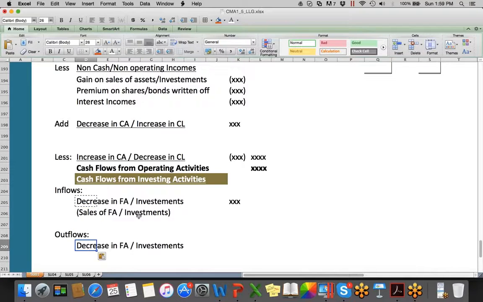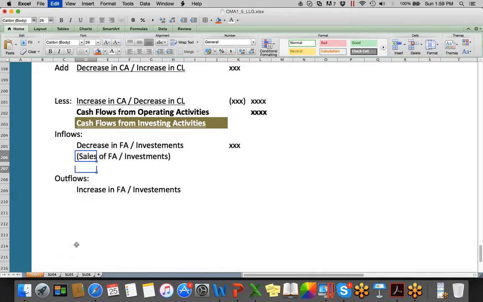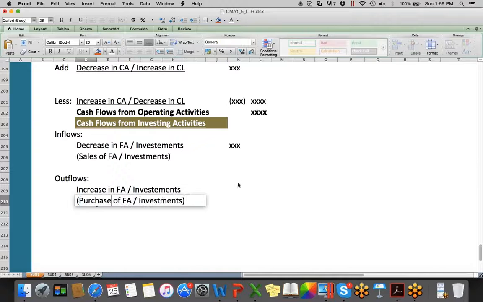Outflow: increase in fixed assets and investments, because we are buying them. Otherwise we can say purchase of fixed assets and investments.